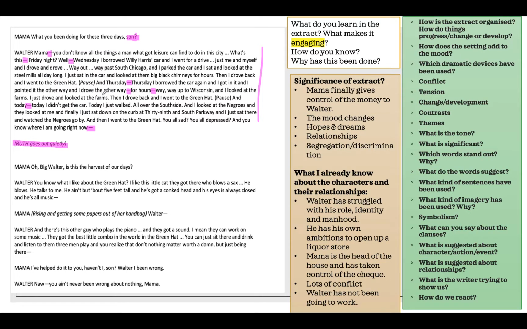I'm also going to pick out not just the punctuation here, but also what he says. He says that instead of going to work, he parked his car and he sat and looked at the steel mills all day long. And then he also comments on the big black chimneys. Those stand out for me because I think, well, why?